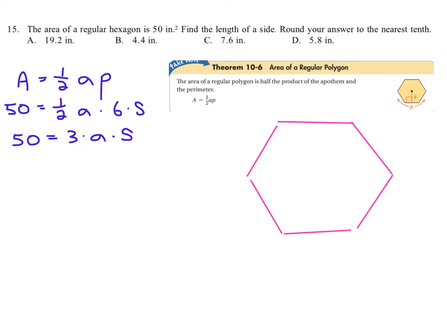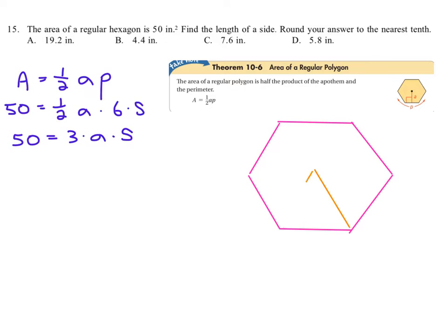Yeah, I know it's a little sloppy, but I think you'll be able to manage your feelings about my terrible hexagon. Anyway, now let's take one of these sections of it.